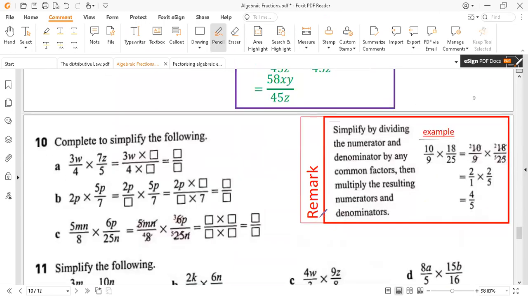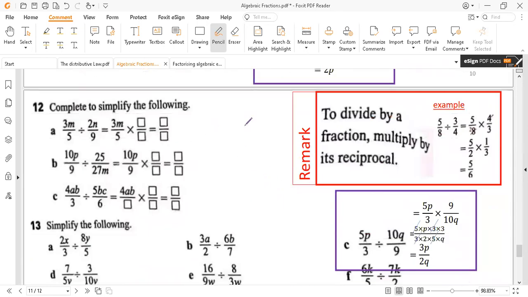Easy, easy, easy. What about multiplying two fractions? So we multiply numerator by numerator, denominator by denominator. Easy. How about division? How can we divide two fractions? When we want to divide two fractions, it is equal to the first fraction multiplied by the reciprocal of the second one. What do we mean by the reciprocal of the second fraction?